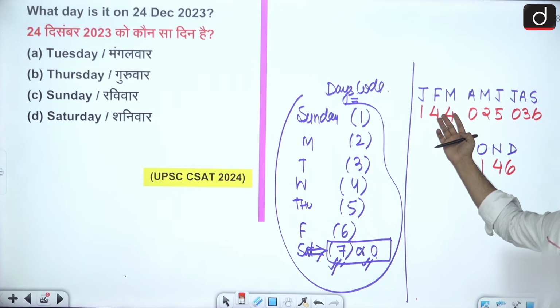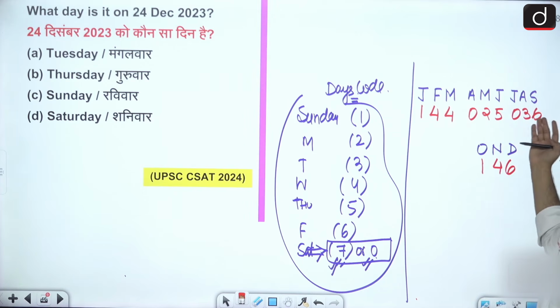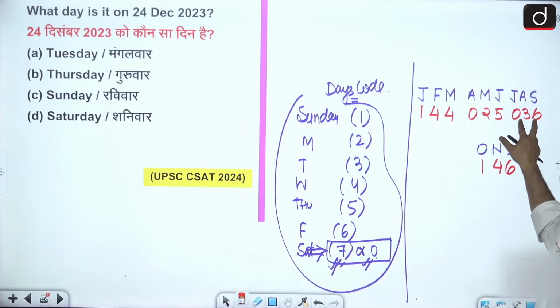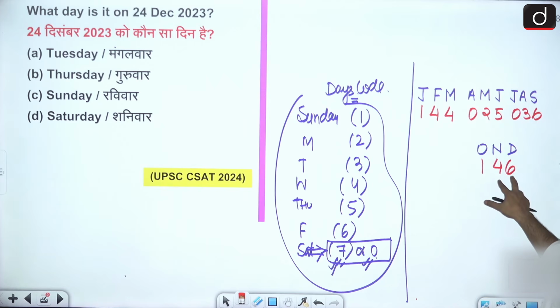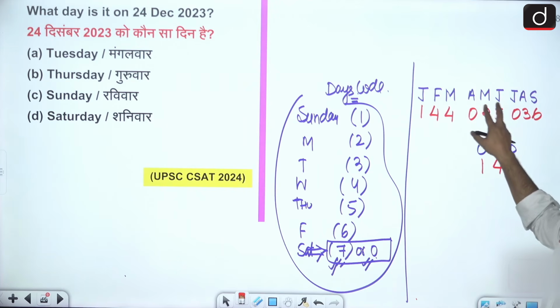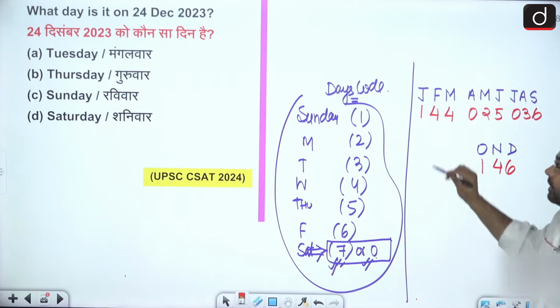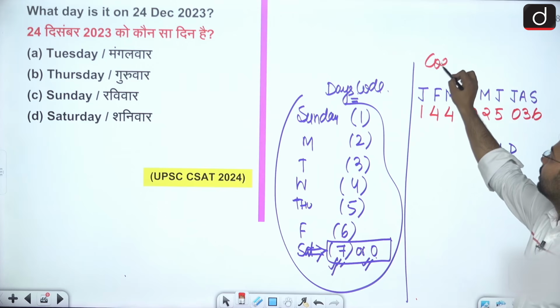144, then 2 perfect squares: 025, 026. After this, how many perfect squares came? Add 2 in this. 144, 025, 036, 146. This is the code for month.